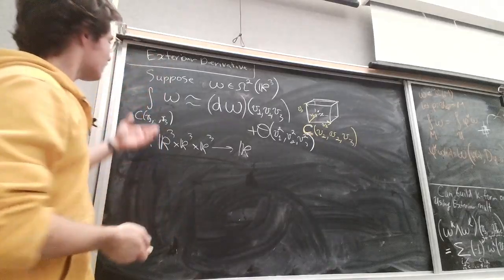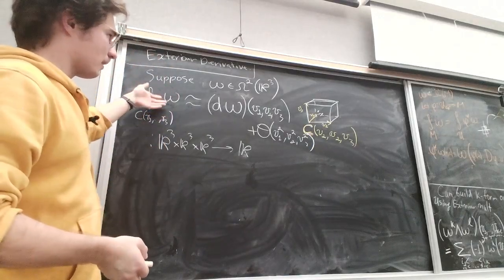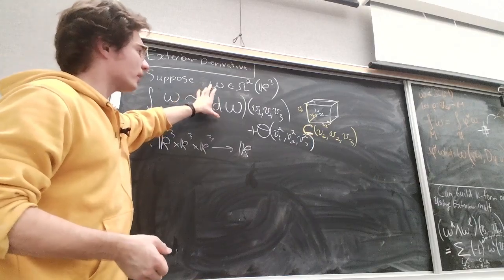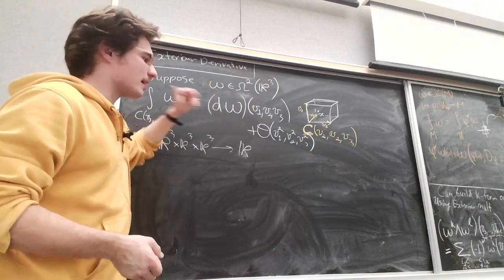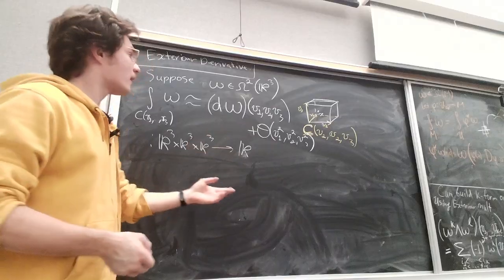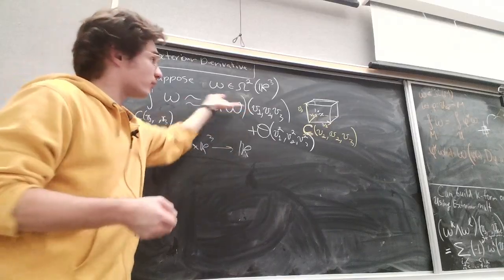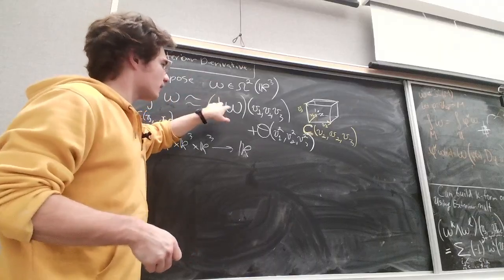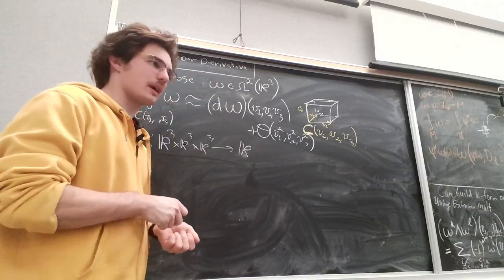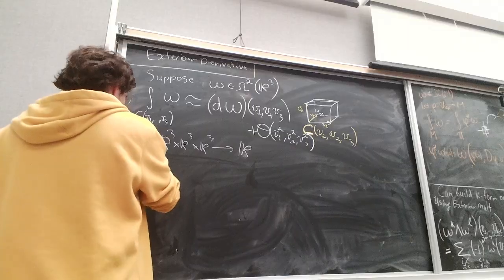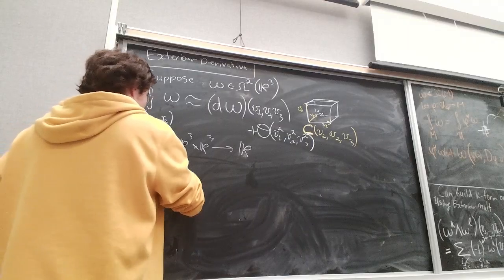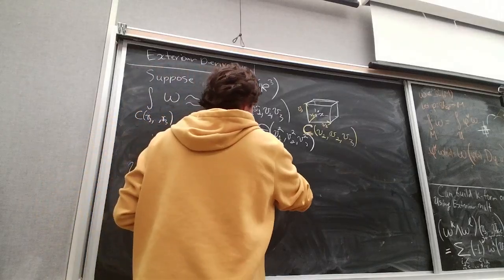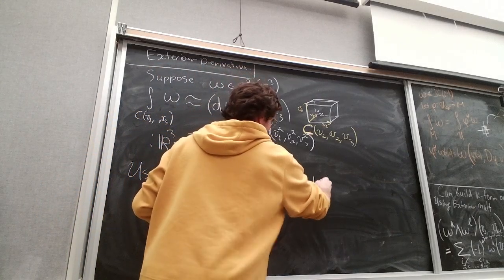But the point is that the first order is going to be approximated by some 3 form, just by some 3 form, which takes in 3 vectors, okay? And we will call this 3 form d omega. We use the equation above to essentially define d omega. Okay.